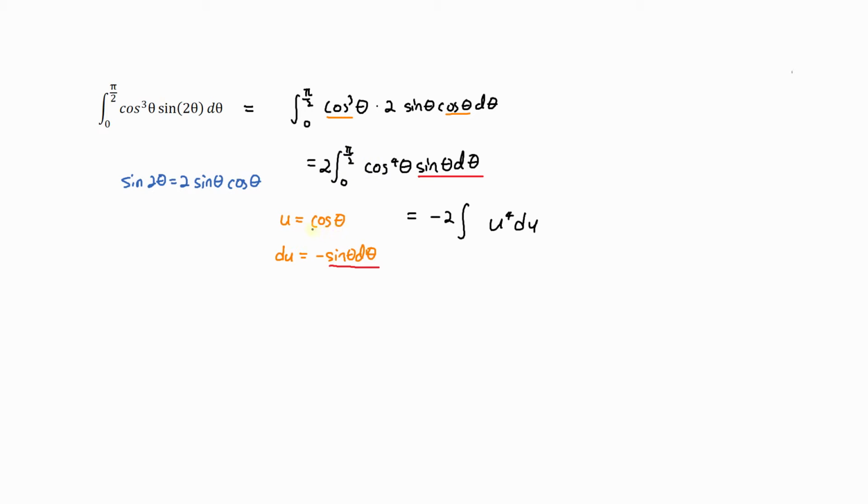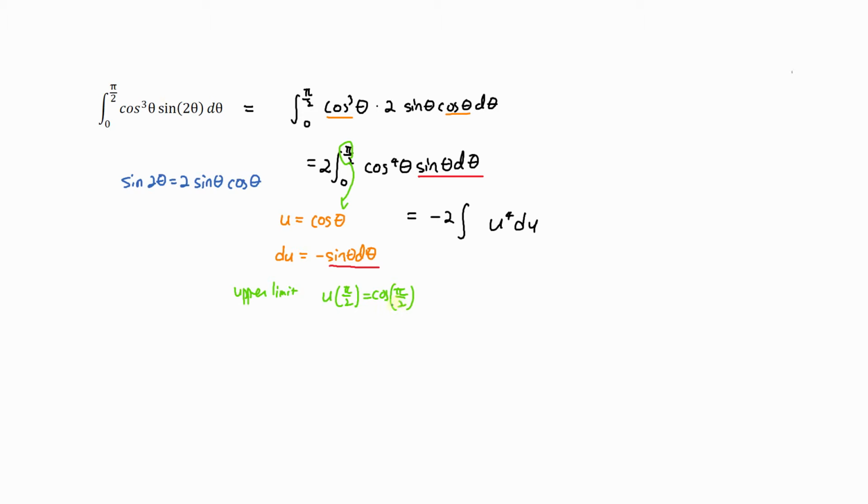So for example, if I put the theta in, I get the upper limit in terms of u. So what do I get? u of pi over 2 equals cosine pi over 2.